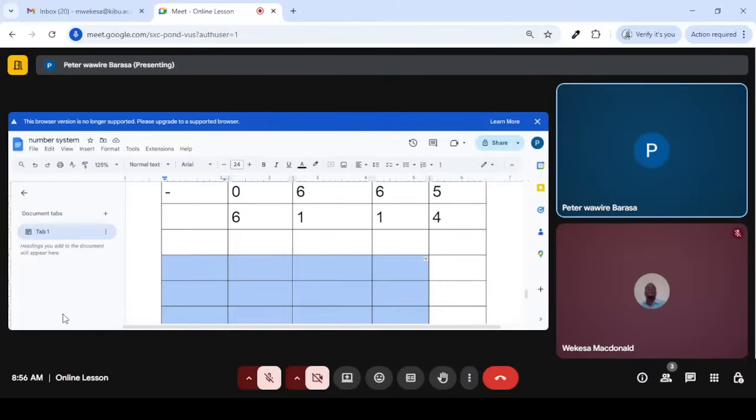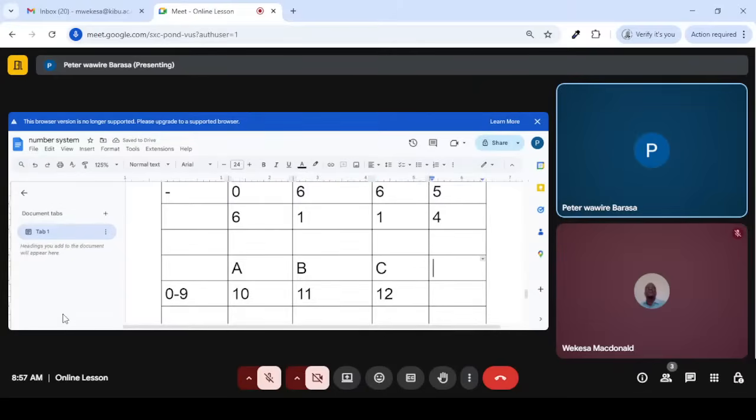Hexadecimal runs from 0 to 9, then 10 is A. B is 11. C is 12.